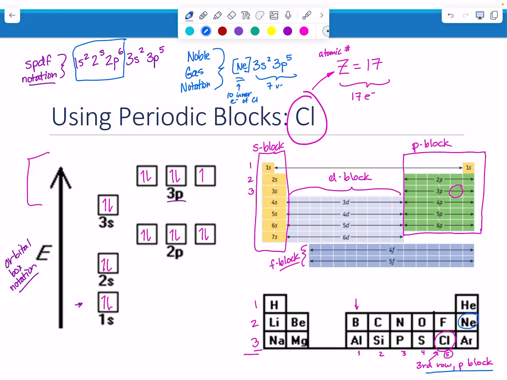We call these the valence electrons. Our definition of valence electrons is the number of electrons in the highest n level. When we get to the D block elements, we will count electrons in a 3D orbital.